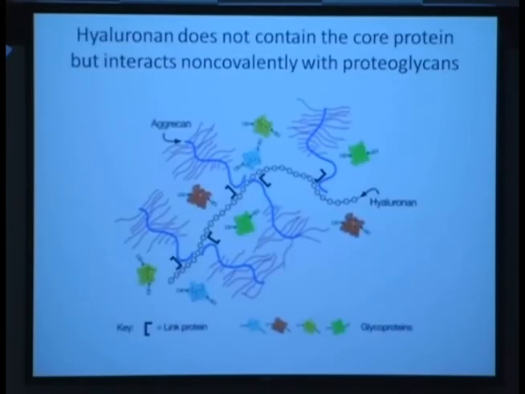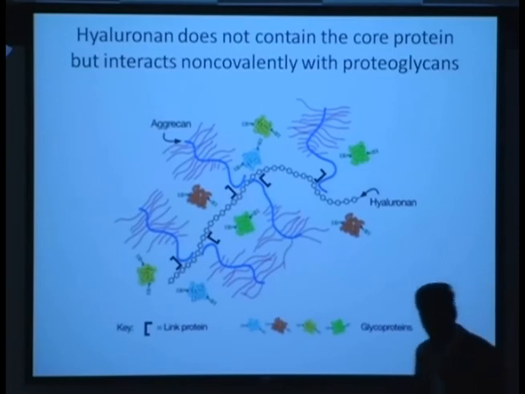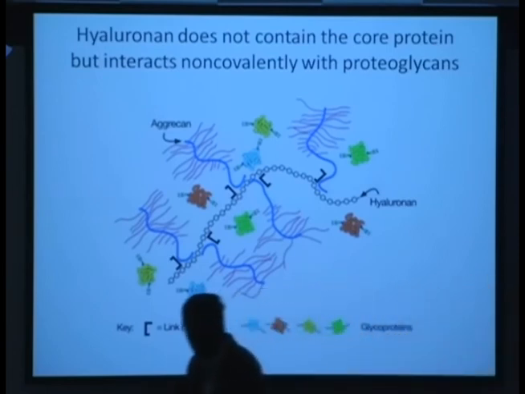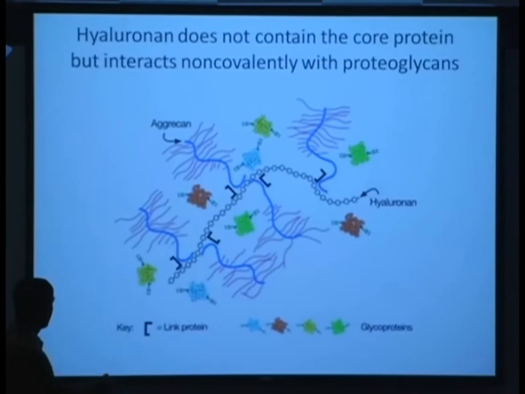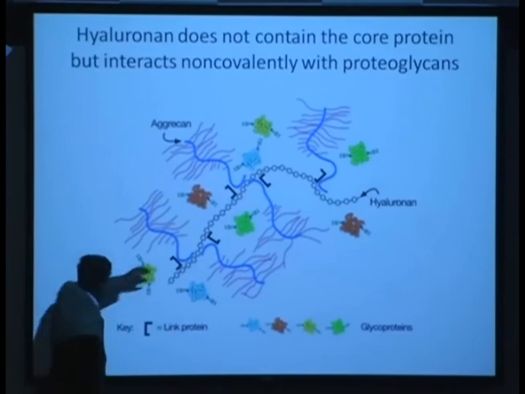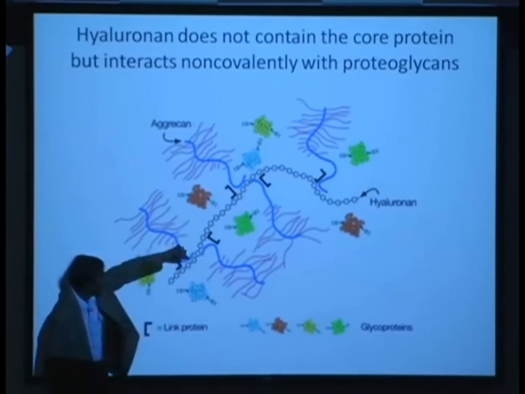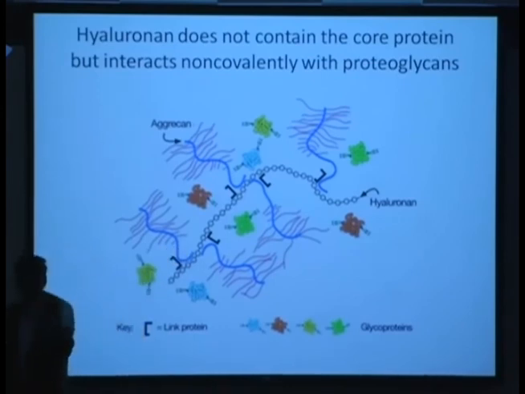And so even though hyaluronic acid itself doesn't attach covalently to any core protein like syndecans and glypican, it exists on its own, and it has non-covalent interactions with proteoglycans. So this is aggrecan, which is secreted in the extracellular matrix, and the protein has a specific domain for hyaluronic acid binding.